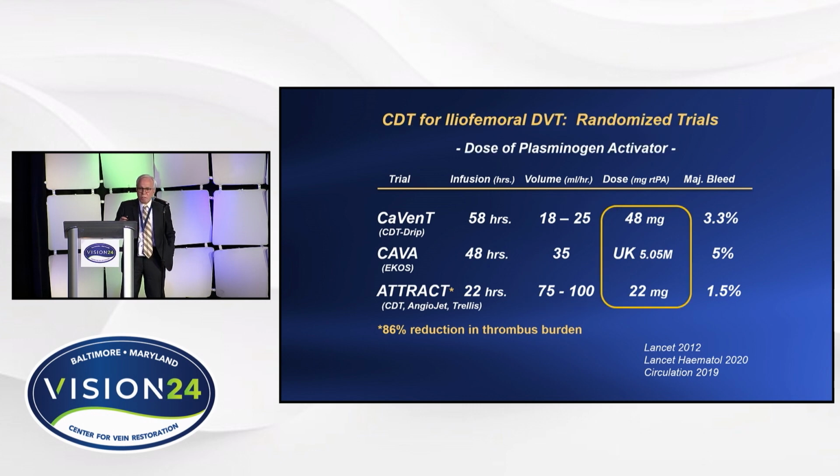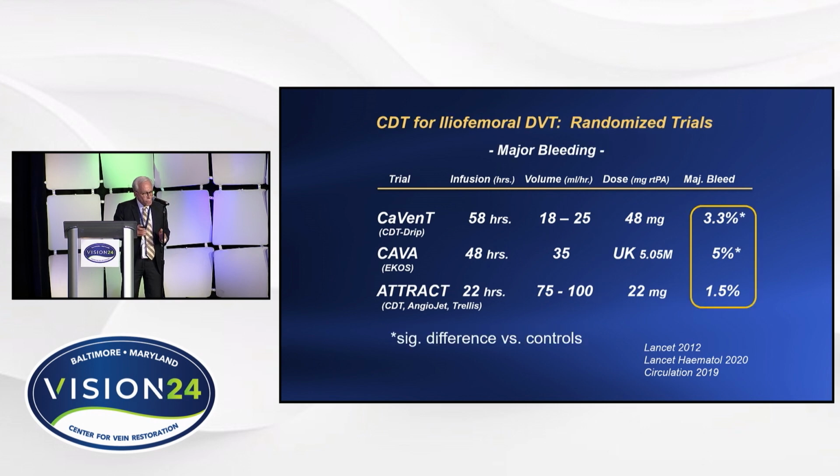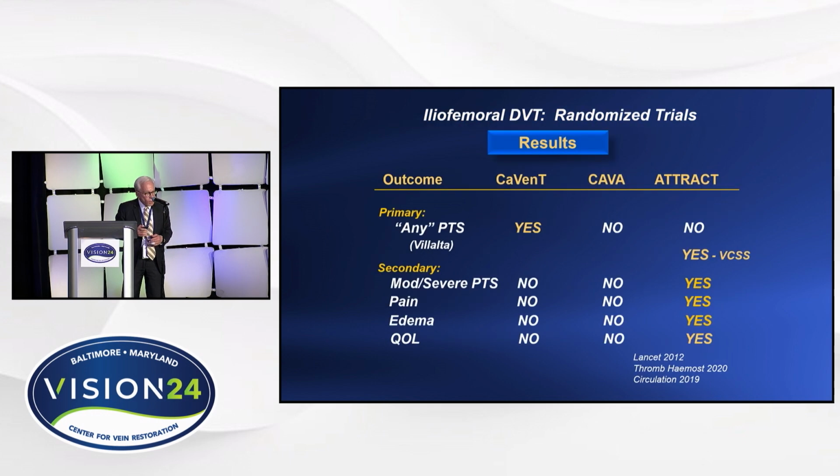The dose, as a result of the shorter duration of lytic infusion, there was a significantly lower dose of plasminogen activator in ATTRACT compared to CaVenT and the KAVENT trial, with the resultant lower risk of major bleeding in ATTRACT compared to the other two trials.